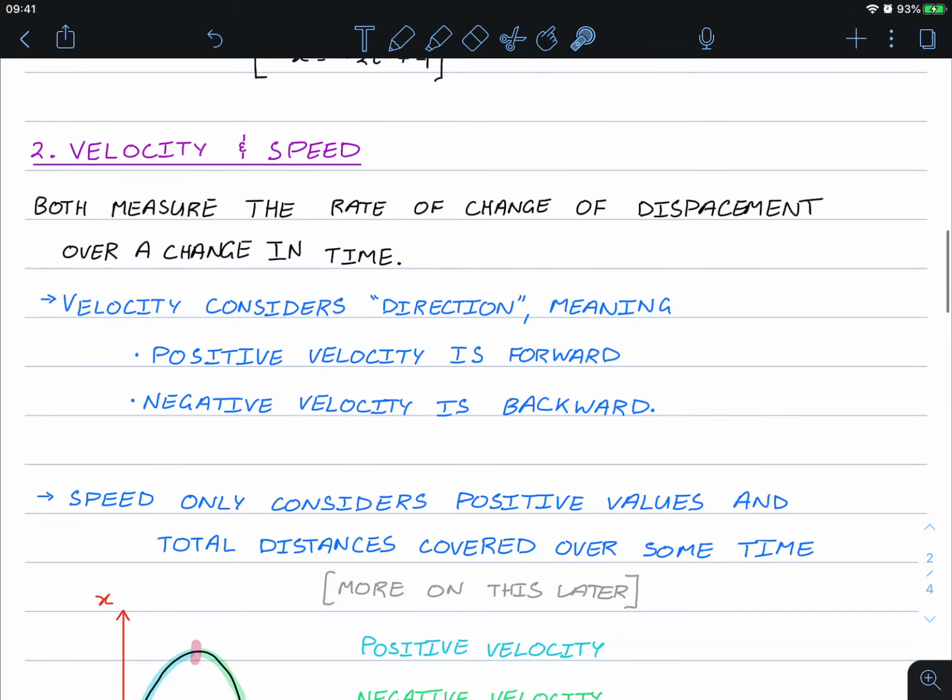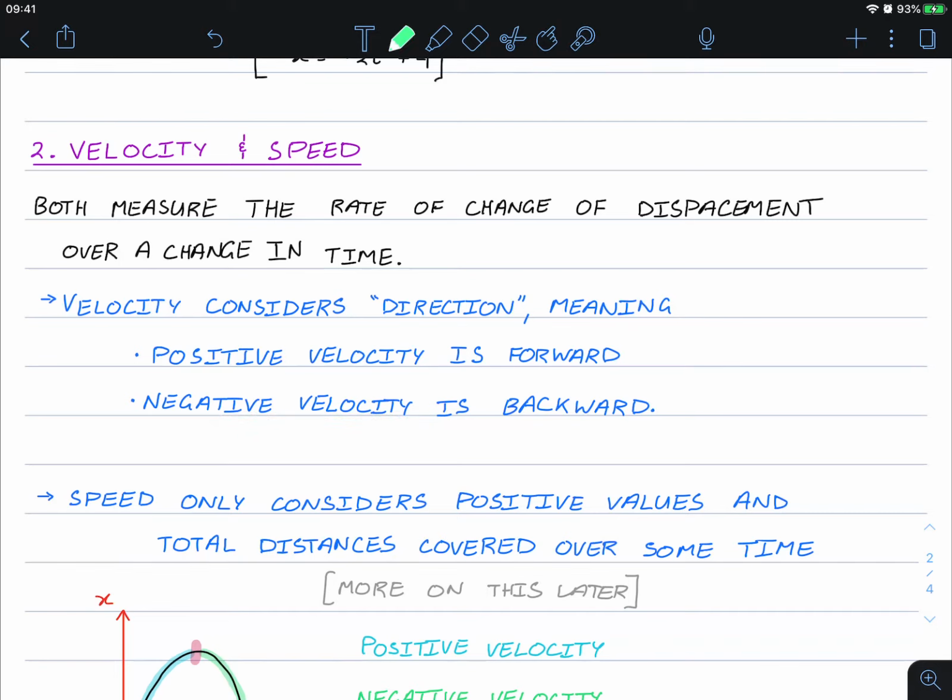The next aspect we should learn is velocity and speed. Both of these measure the rate of change of displacement over a change in time. Velocity considers direction as well as the change of displacement, meaning moving forward would give positive velocity and moving backward, in air quotes, is negative velocity.